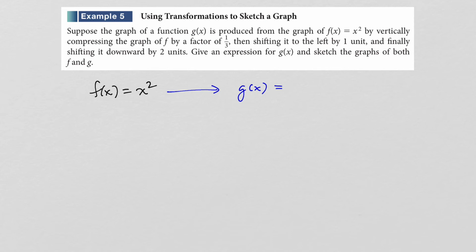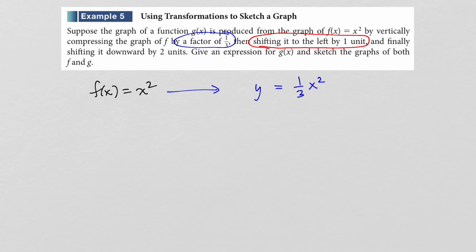Okay, so to vertically compress the graph by a factor of 1/3, it means we're going to multiply x squared by 1/3. So if that was the only thing we were doing, then this is what g of x would be, okay? And actually, I'm going to change this to y equals, because we're just not quite done yet. So we've taken care of compressing it by a factor of 1/3. Now we're going to say, how would you then shift it to the left by 1 unit?